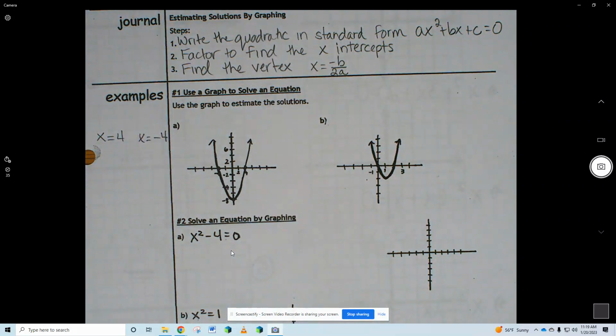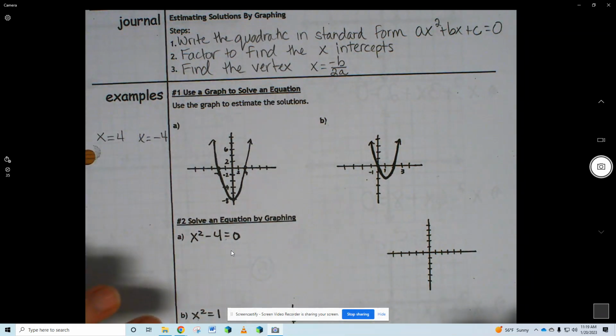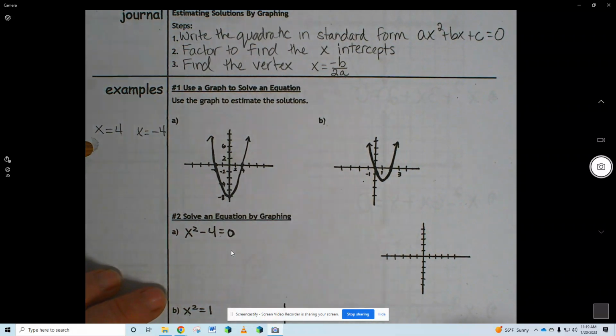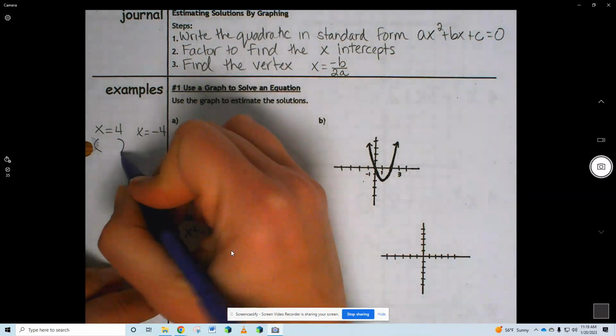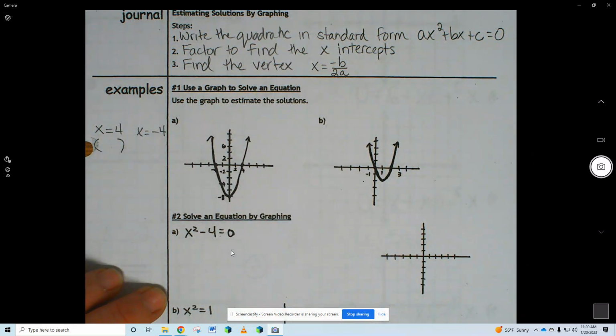Does anybody remember when I factored, if my answer was x equals 4, what was the parenthesis that I had that got me that positive 4? What was inside the parentheses? There's a 0 was a part of it, and a 4 actually was part of it.